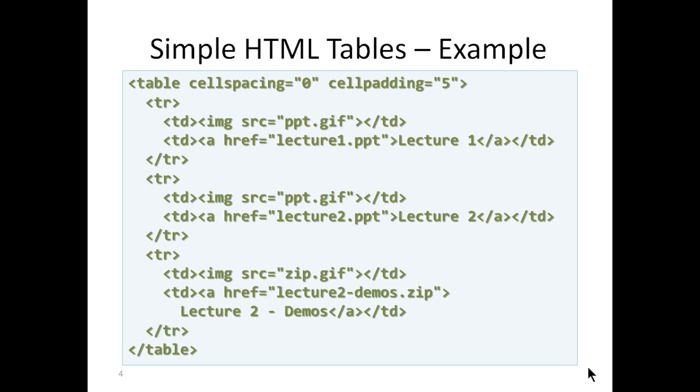A rectangular shape is formed in the table. So that cell spacing is 0. Cell padding is equal to 5. So the space of that table block is decided by these two attributes, cell spacing and cell padding.